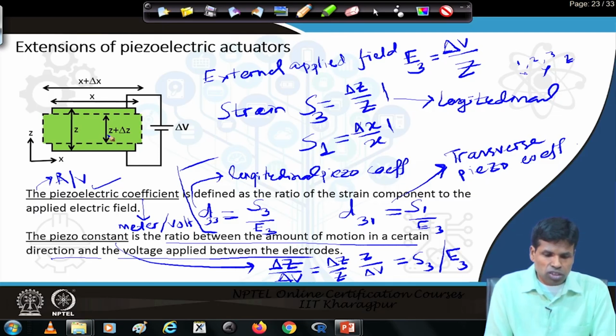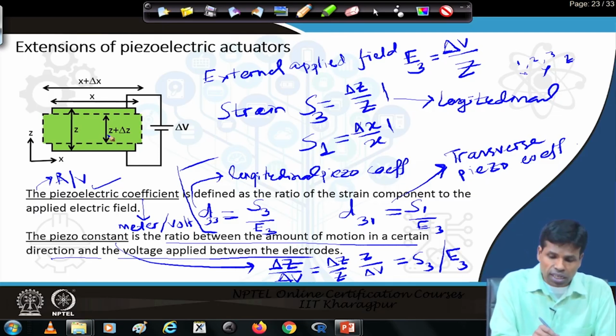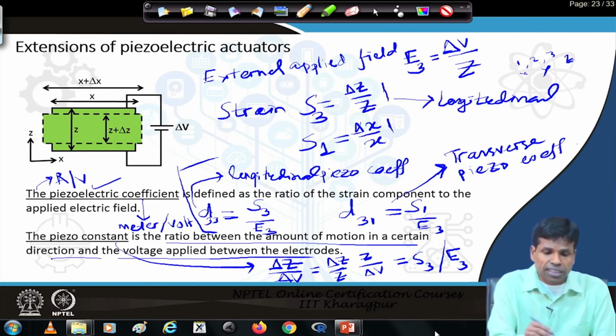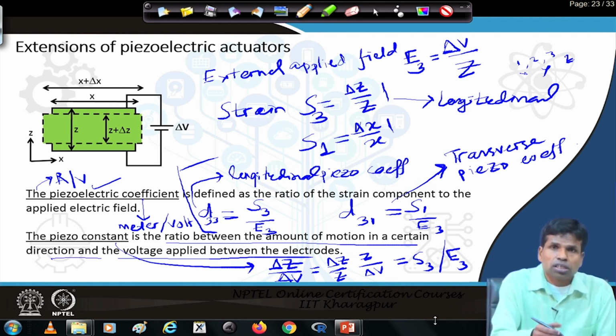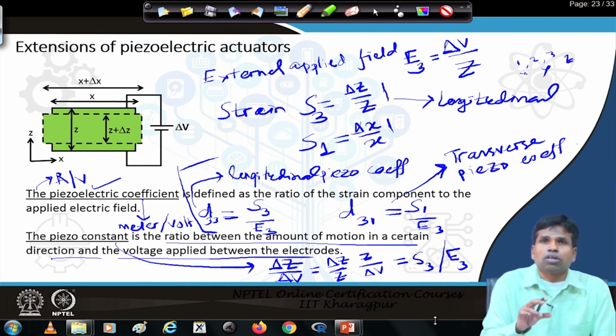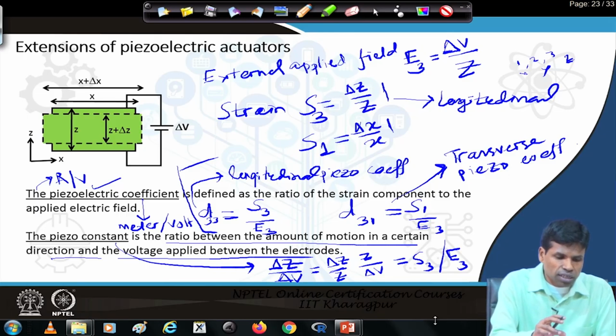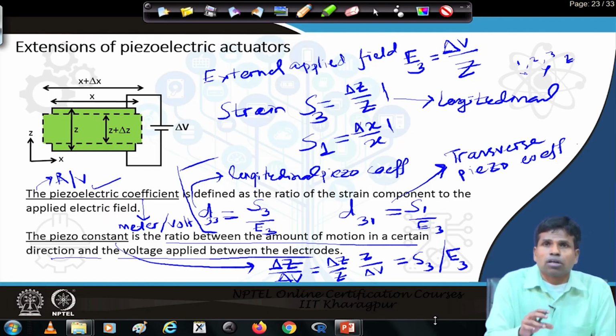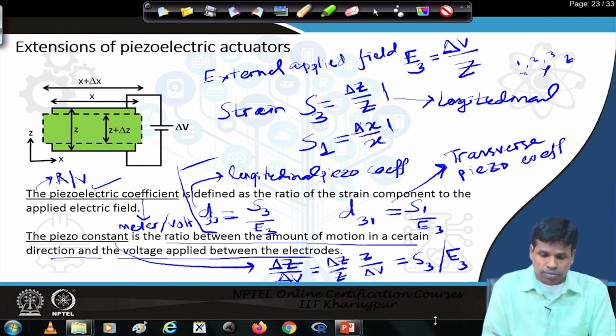The only way to enhance the length extension of the piezo element is to stack several piezo plates together, so that the plates extend to a greater length.